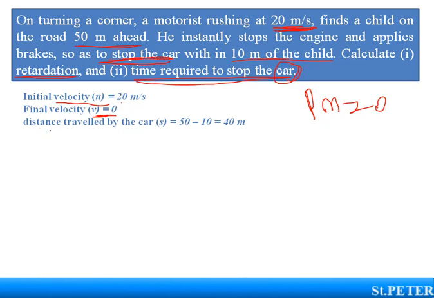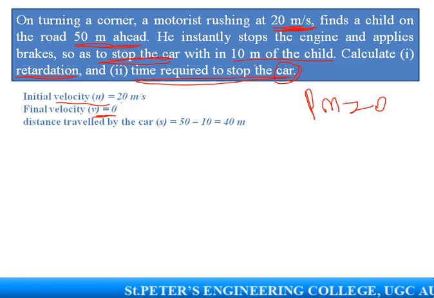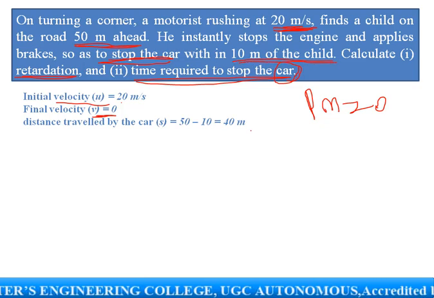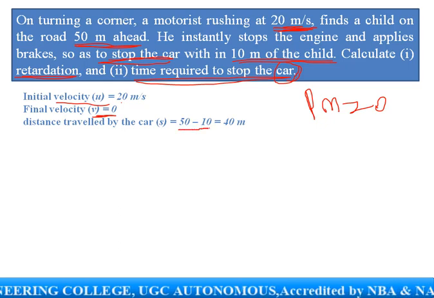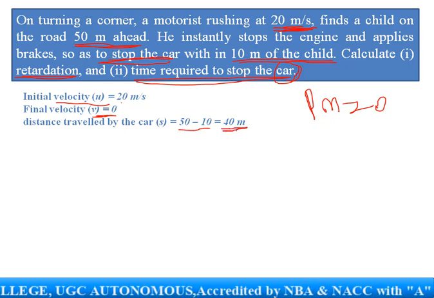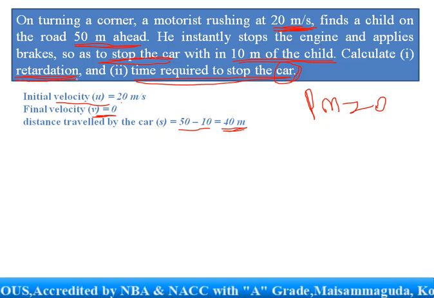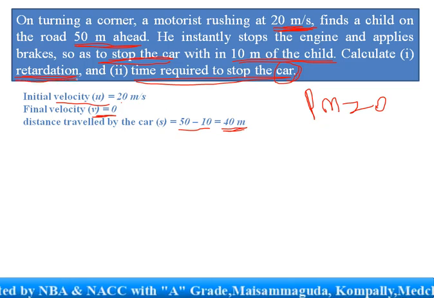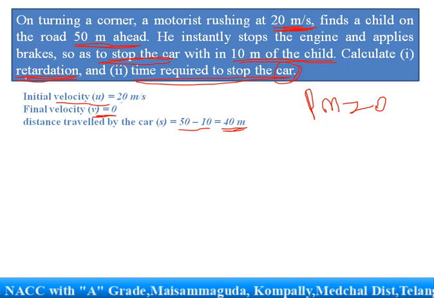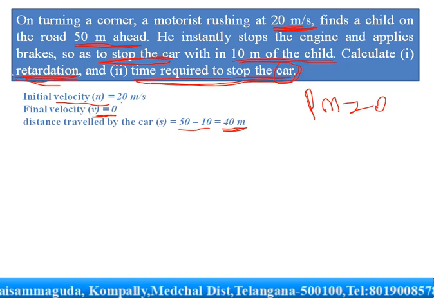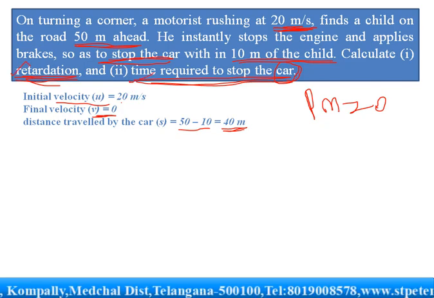The distance traveled by the car: he sees the child 50 meters ahead, but he applied the brakes 10 meters short of the child, so 50 minus 10, he traveled 40 meters. What we require is the retardation, and the time required to stop the car. The first one is retardation, and the second one is the time required.